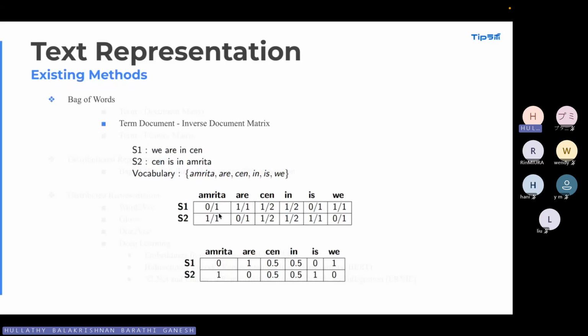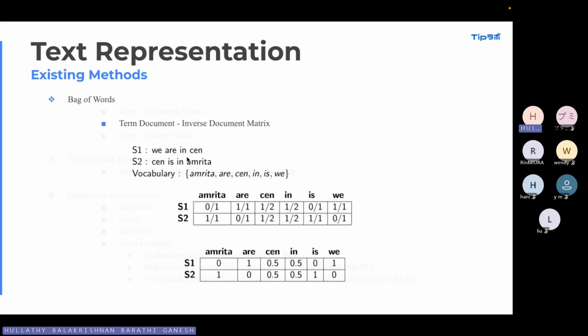Then after constructing it, it divides with the inverse of the document frequency. For example, the word Amrita is available only in the second sentence, so it is considered a unique word.